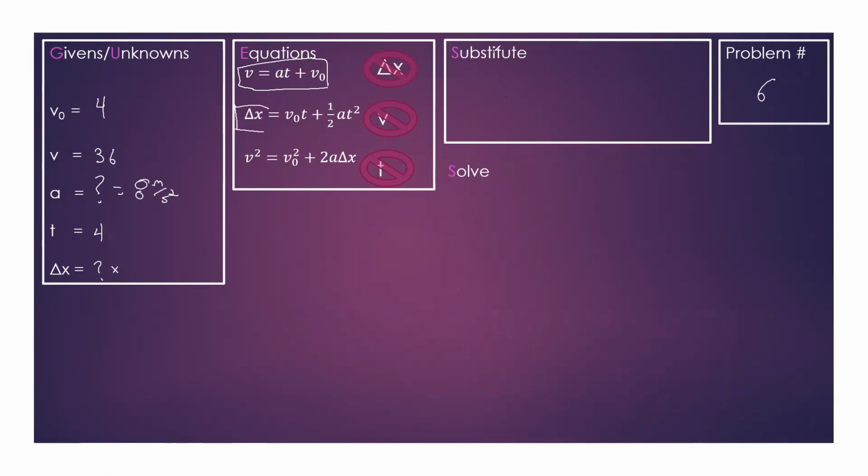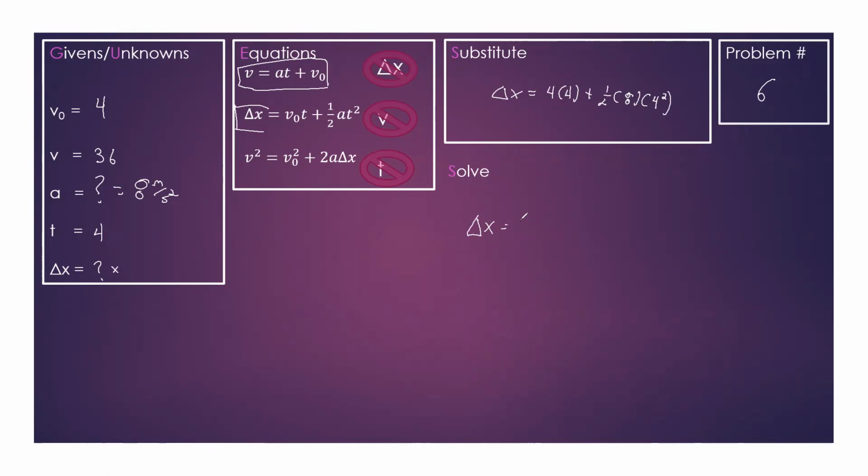So we got delta x equals v naught times t plus 1/2 a t squared. This is where it's very important to pay attention to your sign on acceleration. In this case, it's positive, so it doesn't matter. But in the future, this equation in particular can get you in trouble.